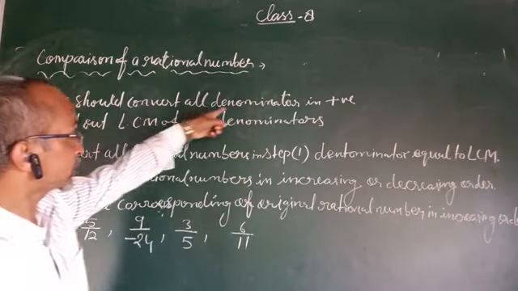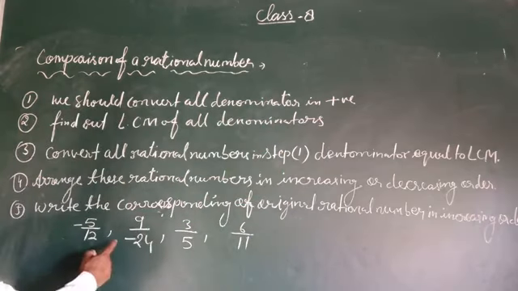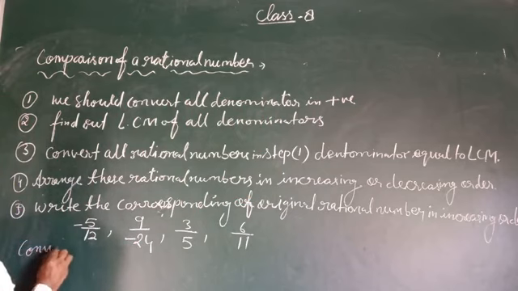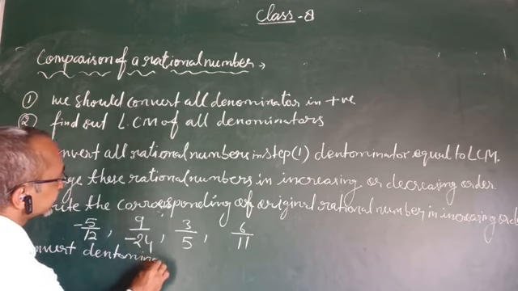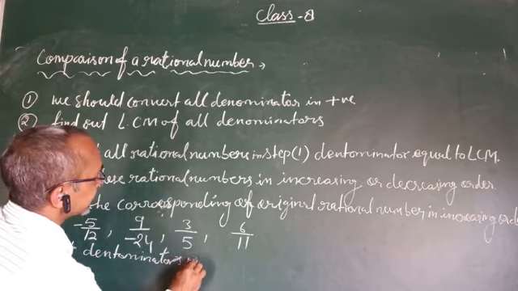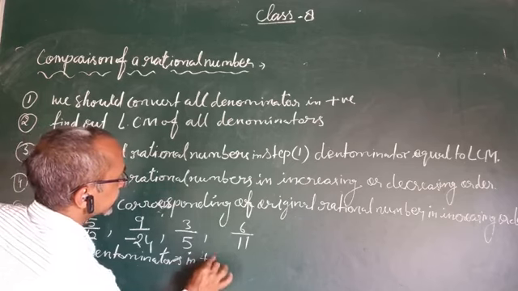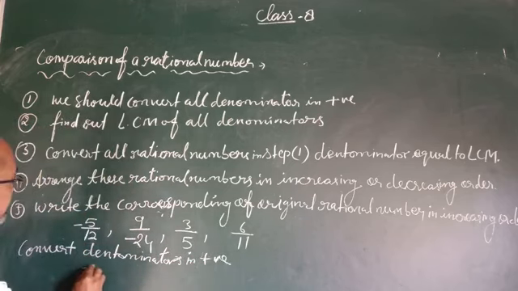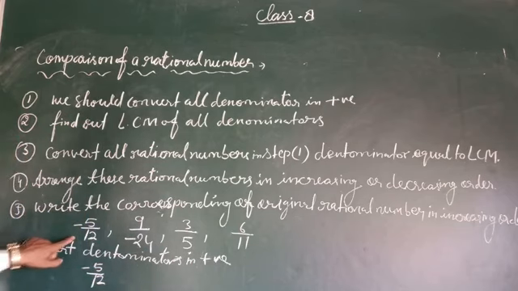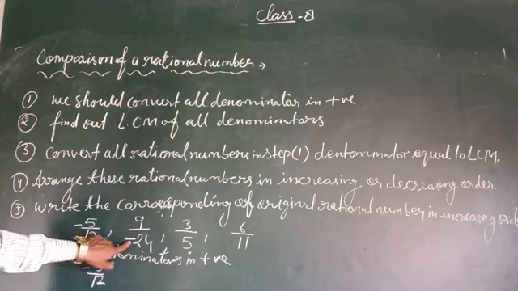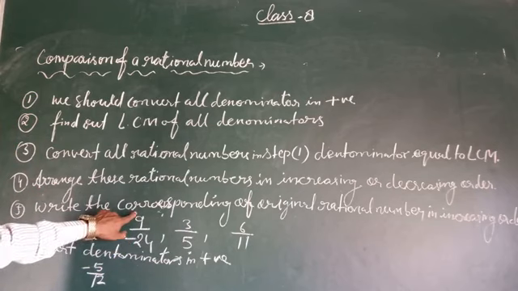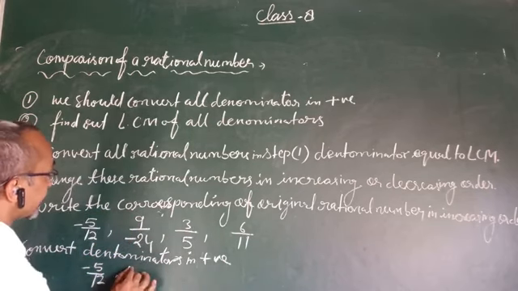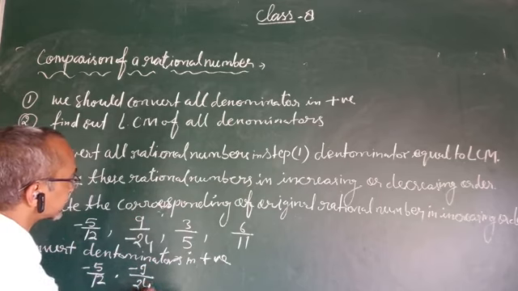First step, we should convert all denominators into positive. So how will you convert the denominators into positive? Minus 5 by 12 is already given positive. Here this denominator is already positive, but this denominator is negative, so you will convert it. Multiply numerator and denominator by minus, then you will find minus 9 upon 24.